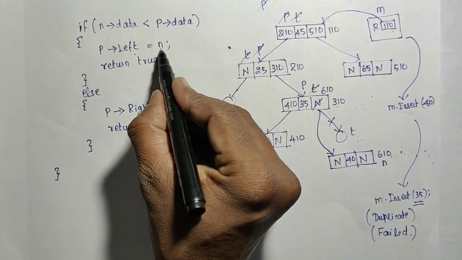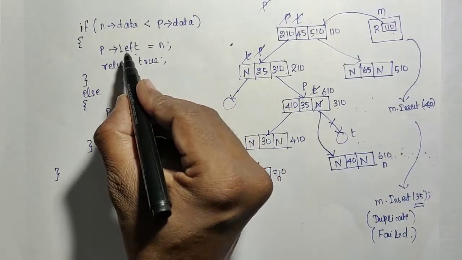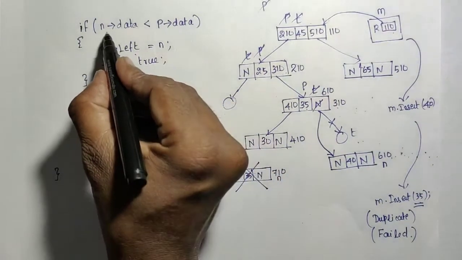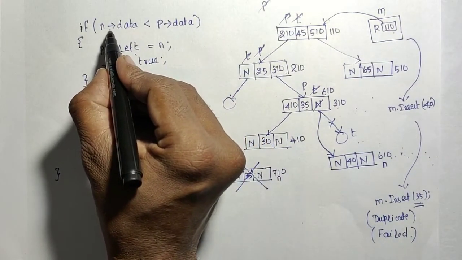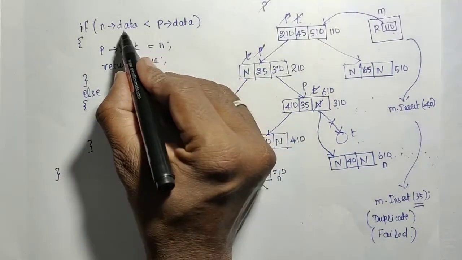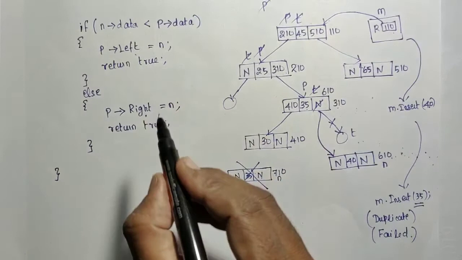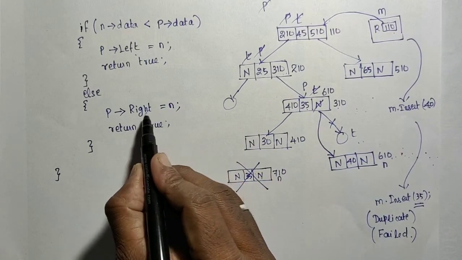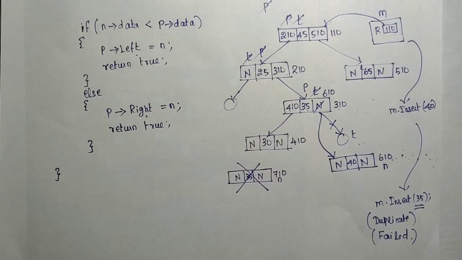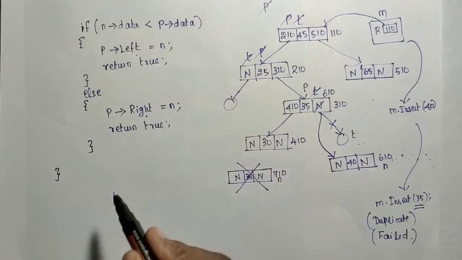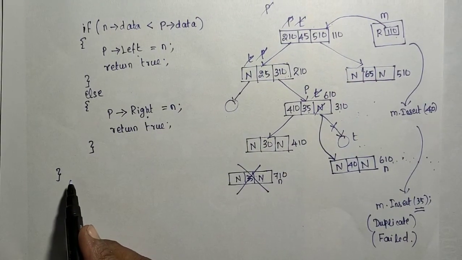But whether the new node has to be linked with the left side of p or the right side of p depends on the condition. Again, the new data has to be compared with the p data. If it is less, it will be linked with the left of p. Otherwise it needs to be linked with the right of p. So I have to return true in both cases. I have to complete that algorithm.